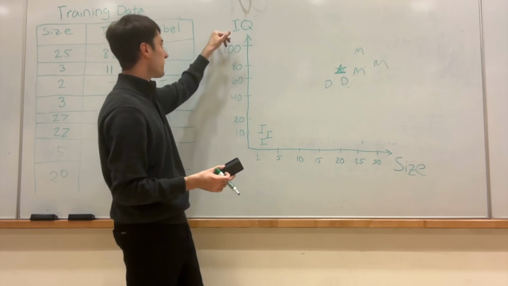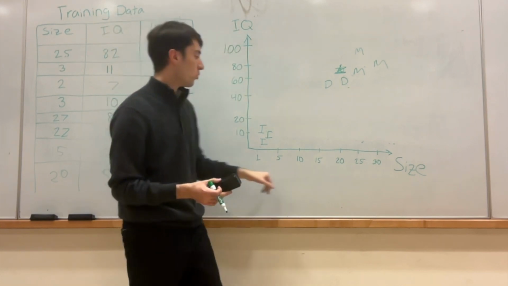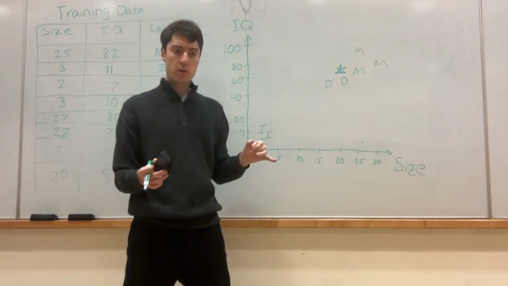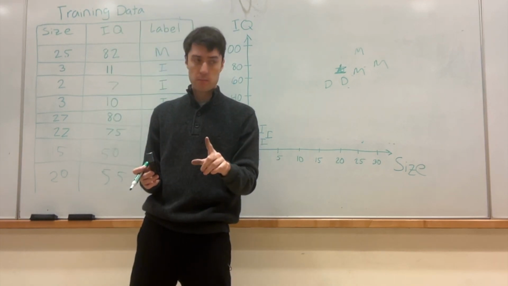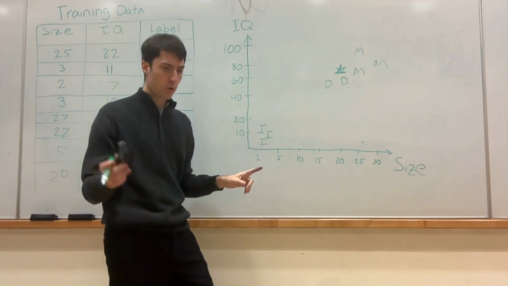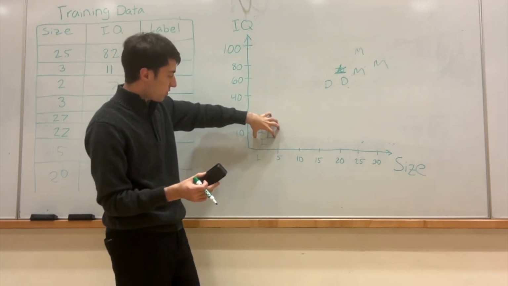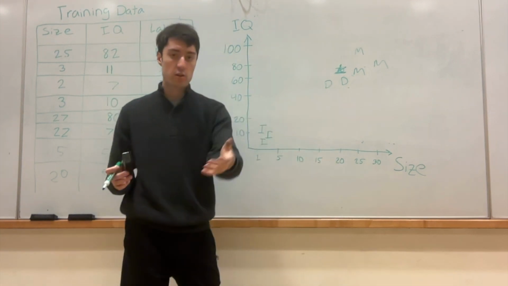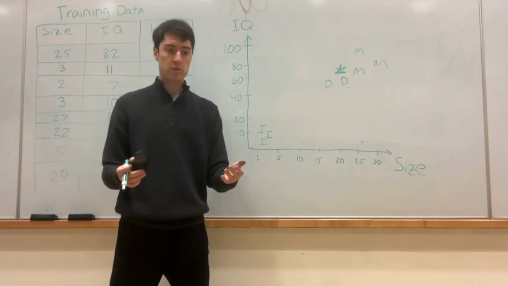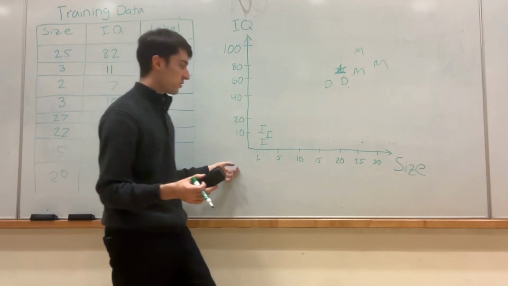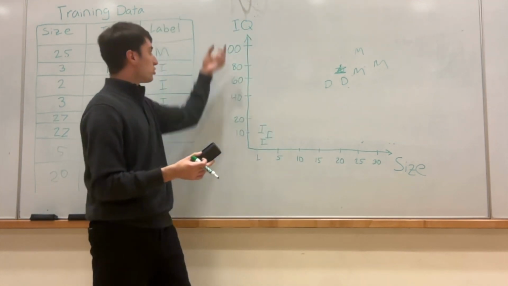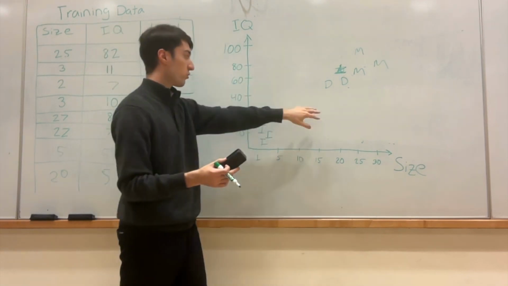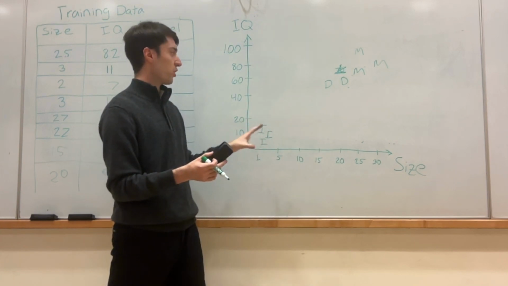Okay, so this is a 2nd dimension here. So we have 1 dimension, 2 dimensions, and then we have 1 output, which is the classification. And it can only be 1 class, right? Here's 1 class, an insect. That's 1 class. Dog is another class. Monkey is another class. So each point has 1 input, 2 inputs, and 1 output. 3. This is a 3-dimensional situation that we have going on here.